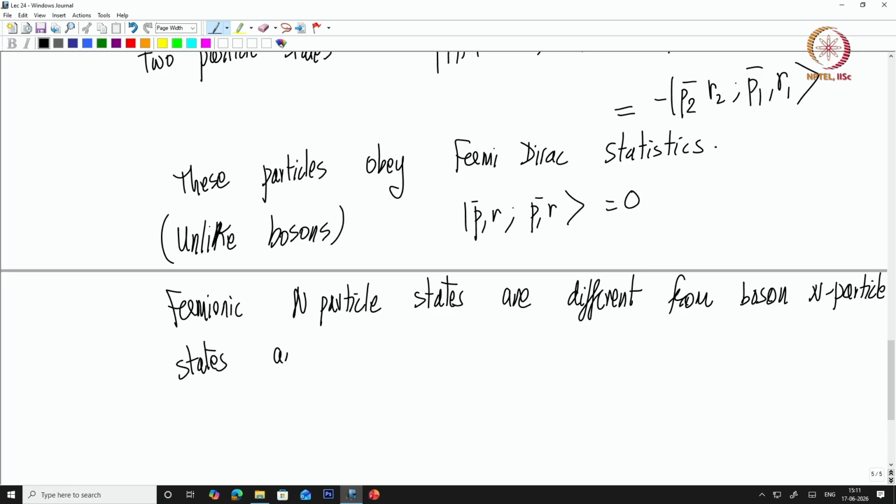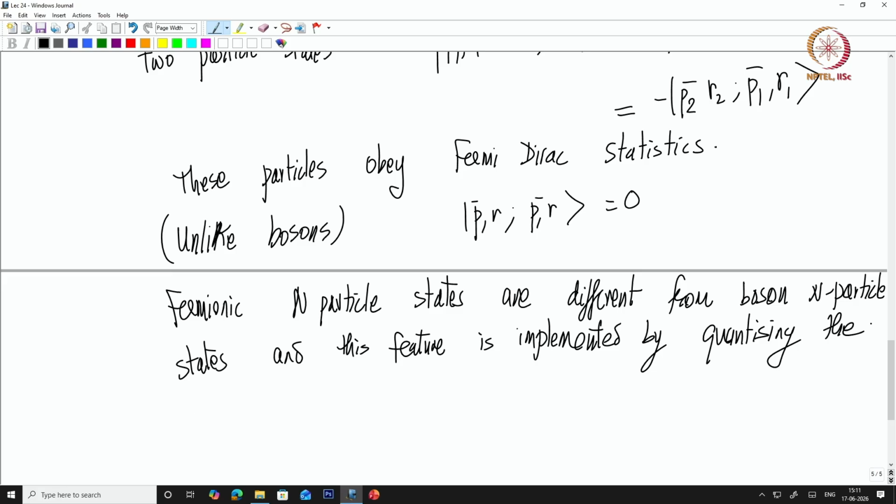And this feature is implemented by quantizing the Dirac field using the anti-commutation relations.